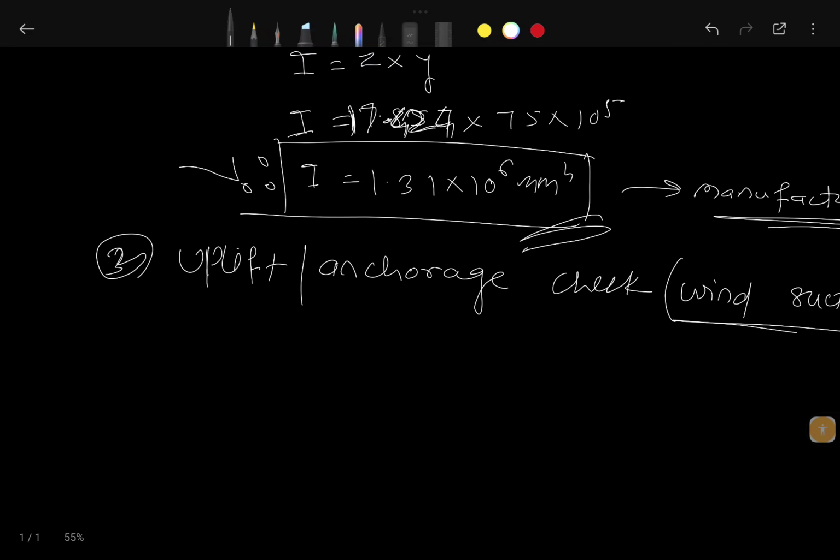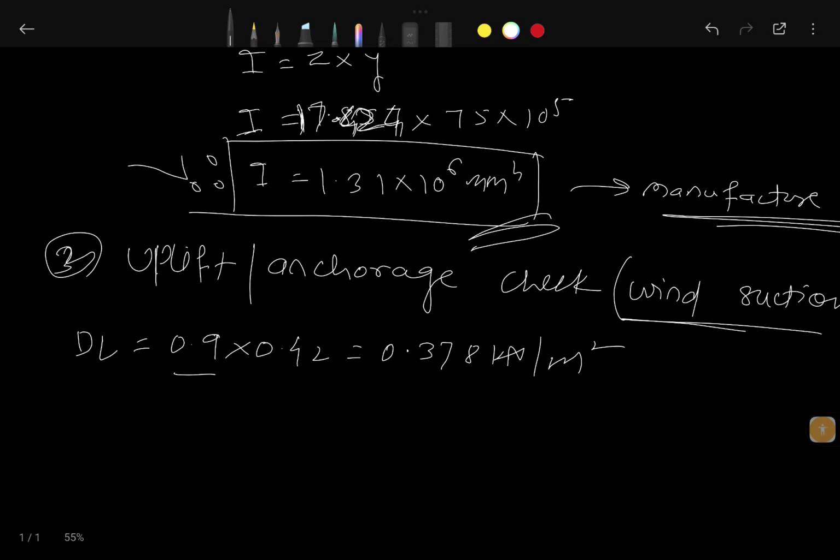So here the dead load value and wind load value we generally know. Dead load value is equal to 0.9 into 0.42, which is equal to 0.378 kilonewton per meter.